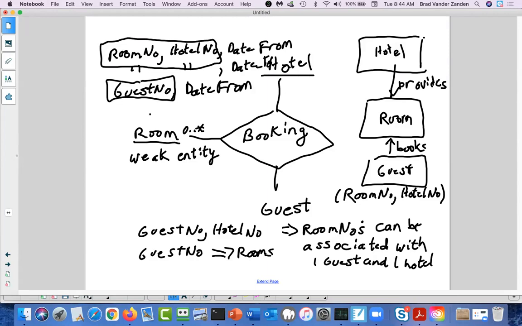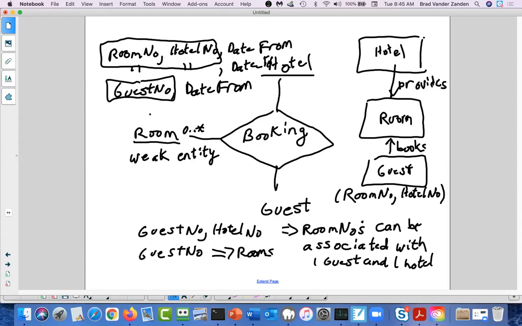Would you say that we could have identified this problem with booking by noticing that all the primary keys from the other relations, the base relations, were not unique? They could not be formed just by themselves to form the primary key of the relationship relation. Does that make sense? So that tells you that it's a relationship. Your observation is a good one.